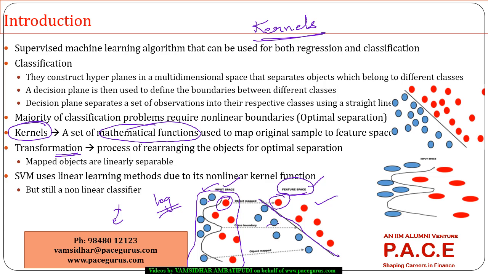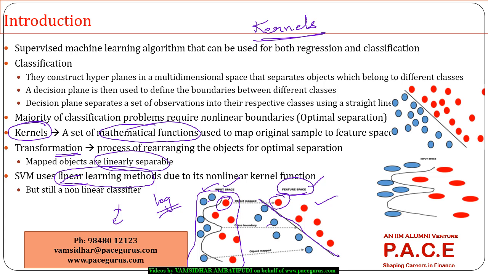But after they are transformed, I should see that the objects are majorly linearly separable. That is the major thing that goes into the support vector machine algorithms. So basically, it is using linear learning methods itself, because initially it has transformed the data, and once it has transformed, the learning typically becomes linear itself.